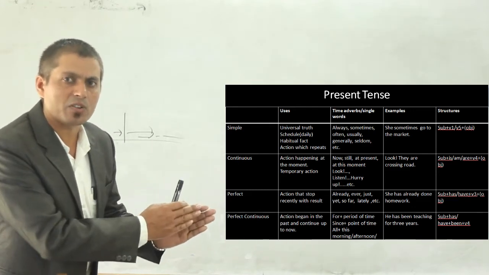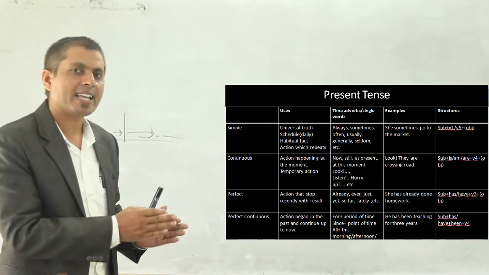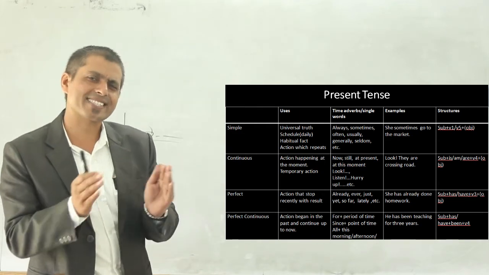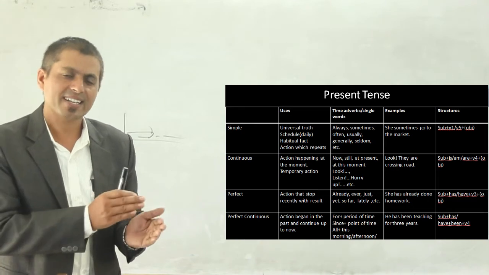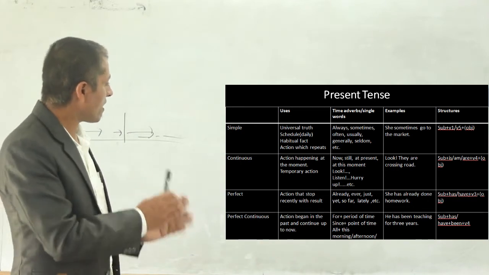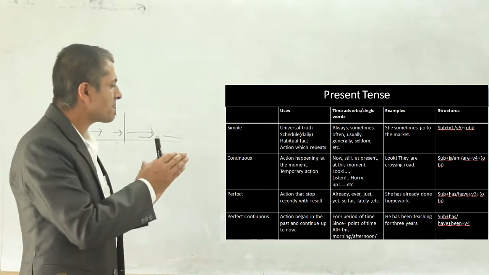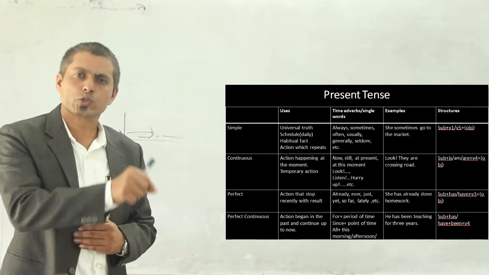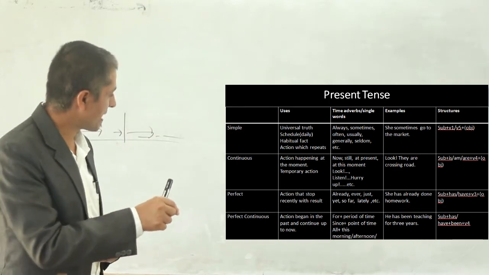From 3 hours continuously I have been reading a novel, right? Or even you can say, I have been reading a novel since yesterday, since this morning, since last week. In such a way, for plus the length of the time and since plus the actual starting time. Got it? Yes, you might have got it.